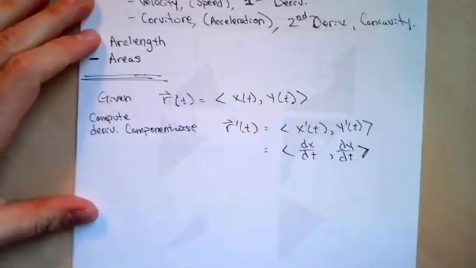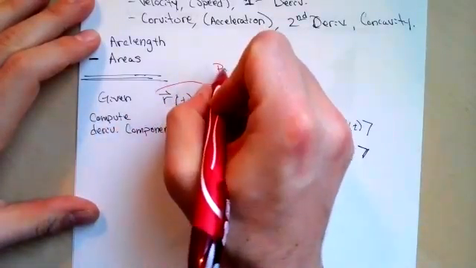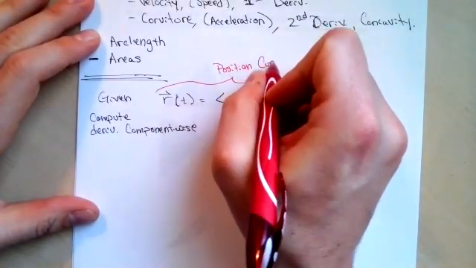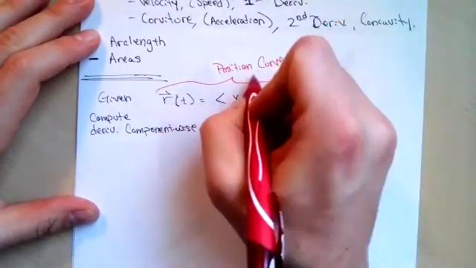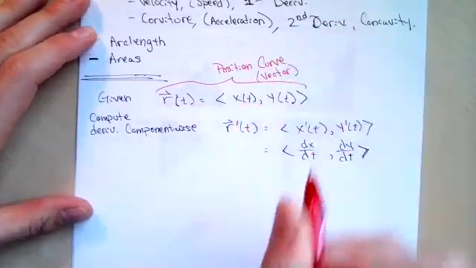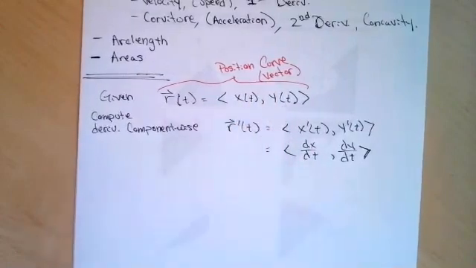So if this guy, we can call it our position curve, or we might call it the position vector. For now, don't worry too much about the word vector. Think of it just as an ordered pair of information, an x-coordinate and a y-coordinate.